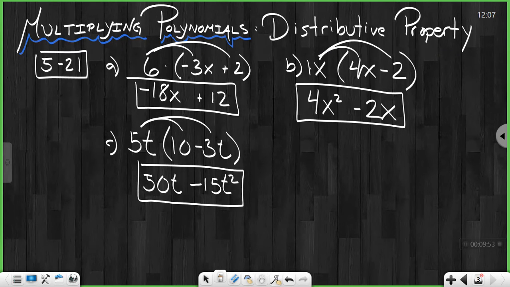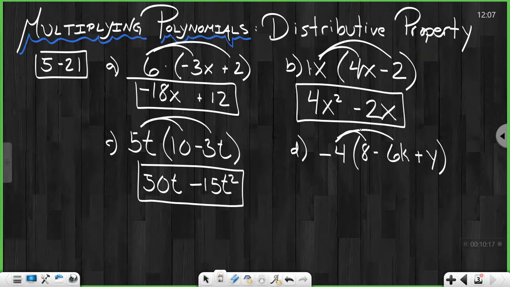That's it. And then we'll do our final one. This shows our last example. In this case, it is a negative being distributed. So we've got a negative 4 going into 8 minus 6k plus y. Now, all of a sudden, we've got a monomial times a trinomial. Again, that monomial is just going to go to every single term.